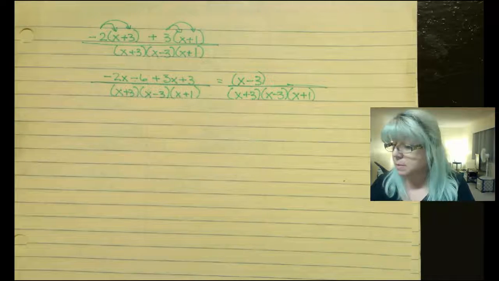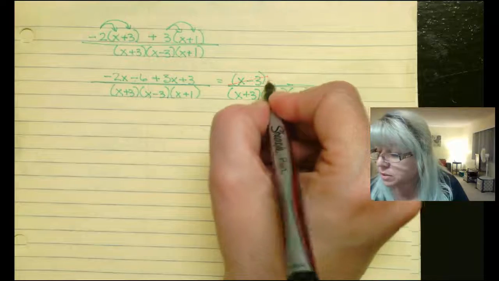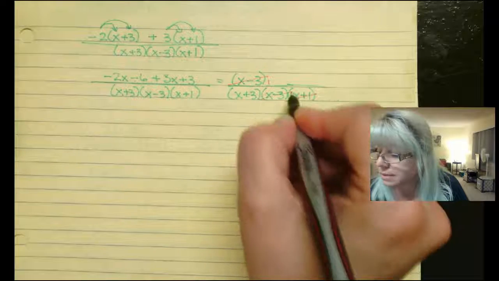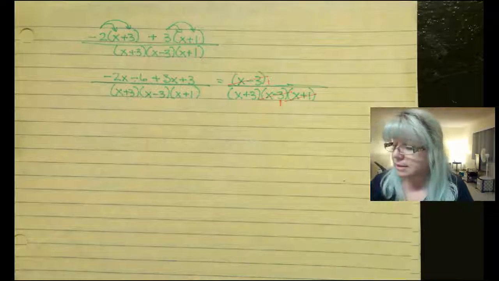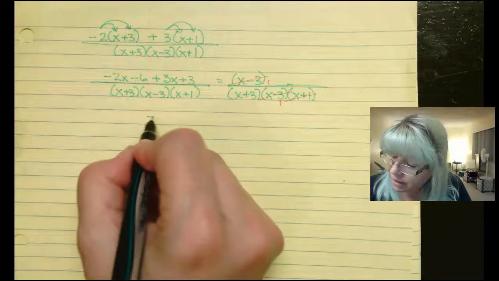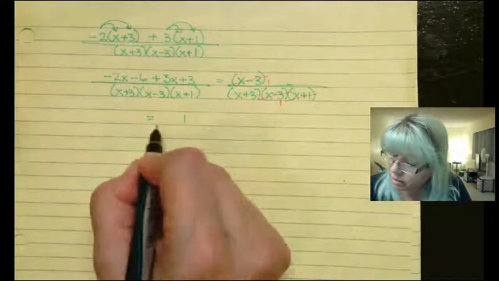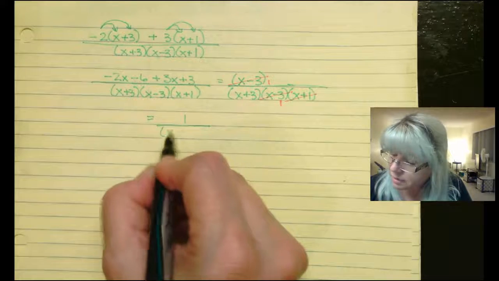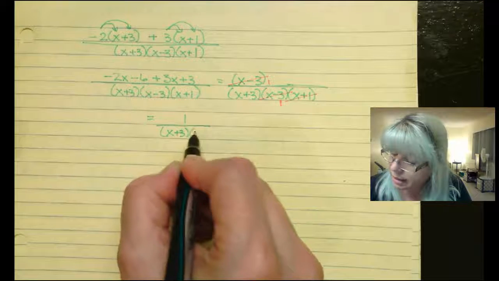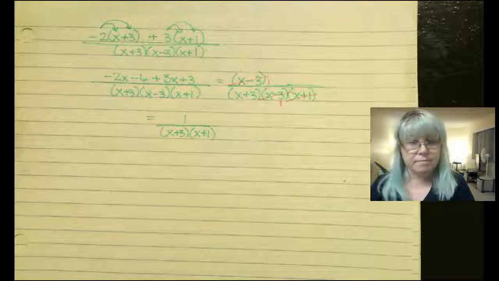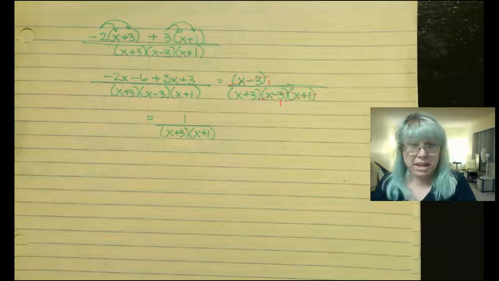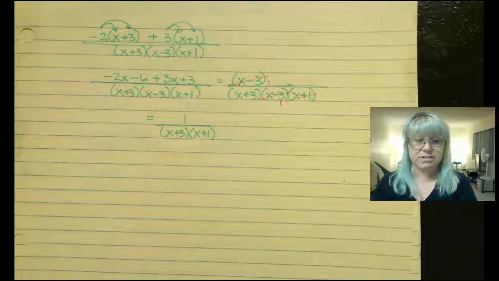If possible, reduce. X minus 3 goes in once, x minus 3 goes in once. Therefore, my final answer is 1 over x plus 3, x plus 1. That's it. I'm not even going to multiply it out. I can leave it as the factors.